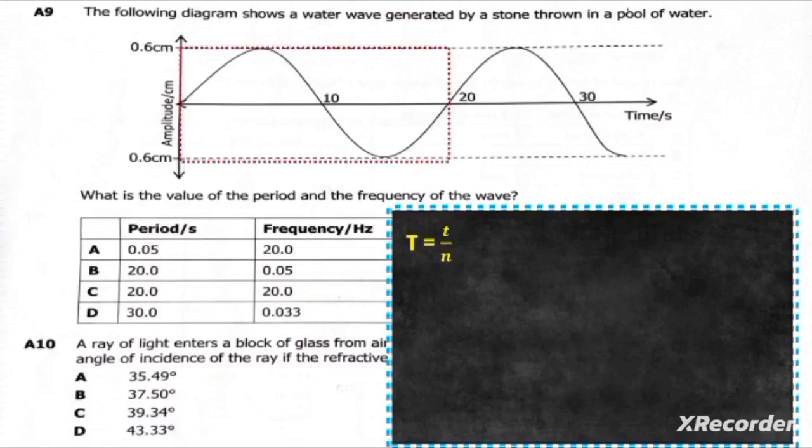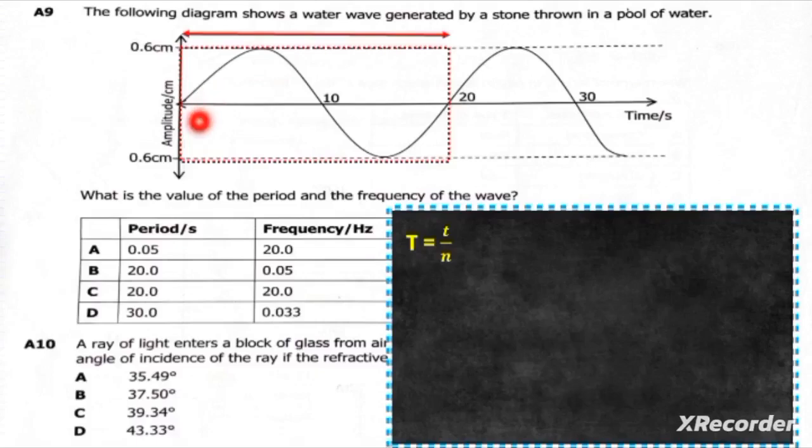So here we have a complete wave, and the distance moved by the complete wave is, I mean, the time. By the way, finding the period here, we can use two methods. We can just pick the period direct from the diagram. What is period?